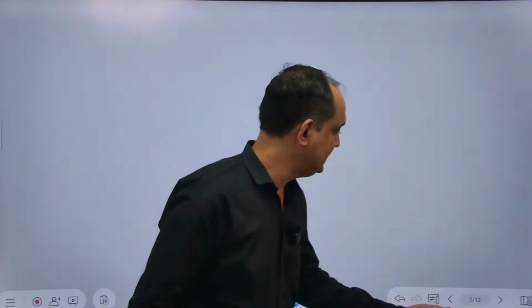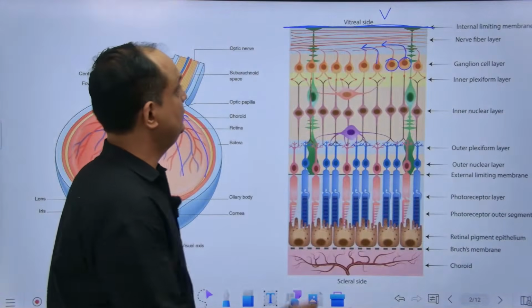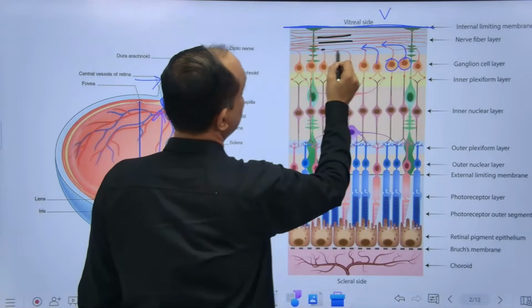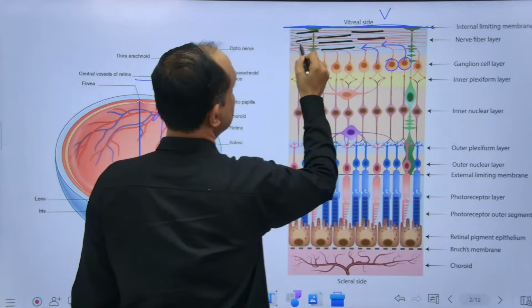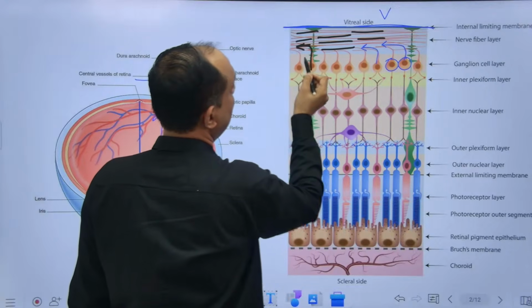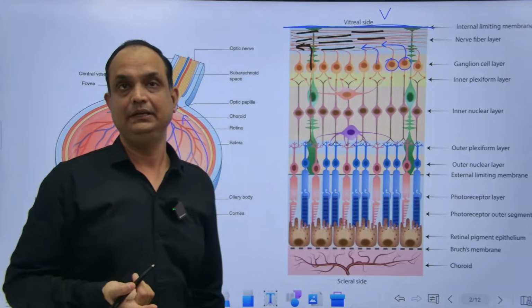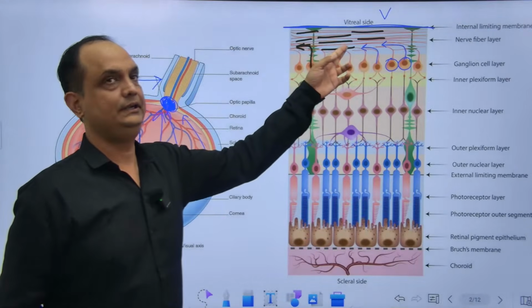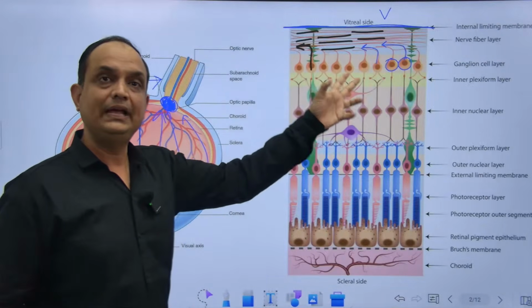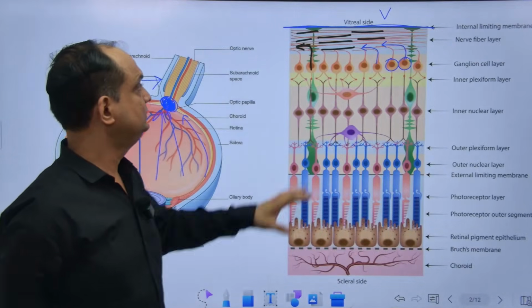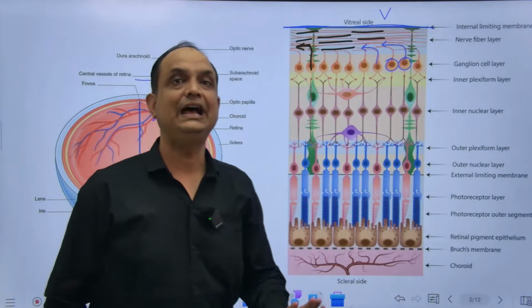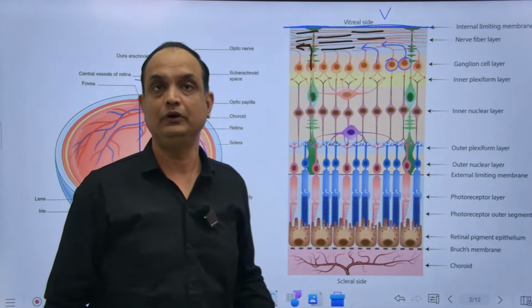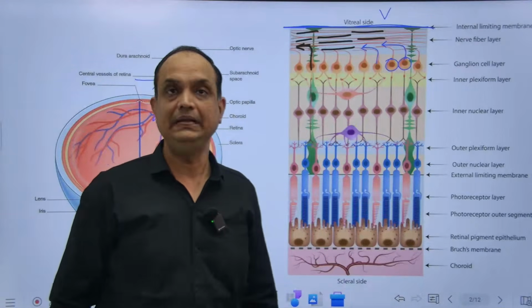Now the important thing is that when you see the retina in the first diagram which I just explained, are these fibers of the ganglionic cells myelinated or unmyelinated? The answer is unmyelinated. Why are they unmyelinated? Because inside the eyeball you don't have the cells which are responsible for myelination.